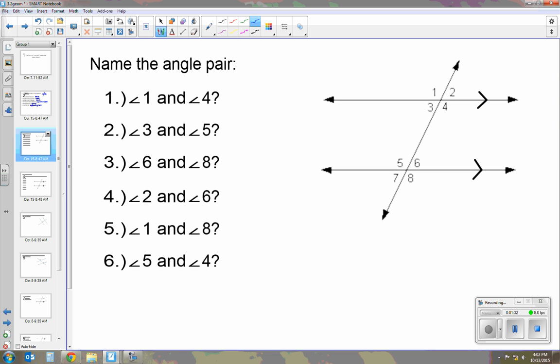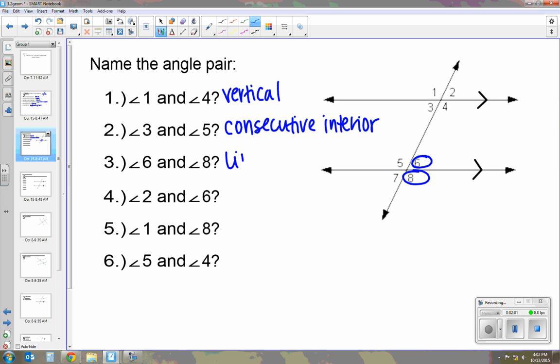Angle 1 and angle 4, well, those are vertical angles. Then we're going to see 3 and 5. That's consecutive interior. Next is 6 and 8. That's a linear pair. 2 and 6.